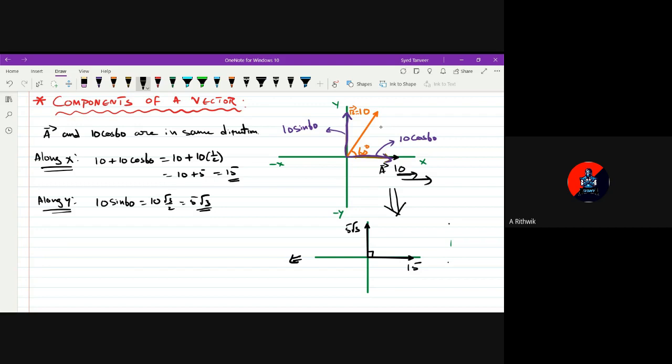Okay, sir. So 15 is along horizontal, 5 root 3 is along vertical.